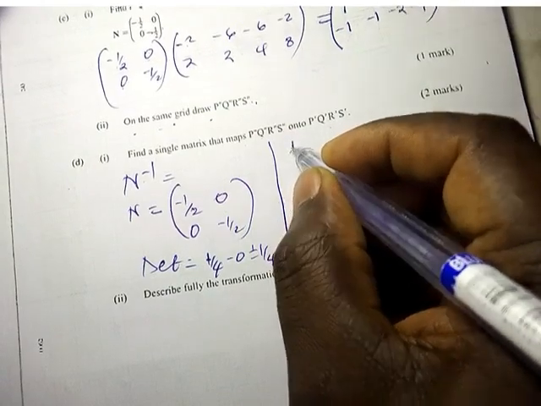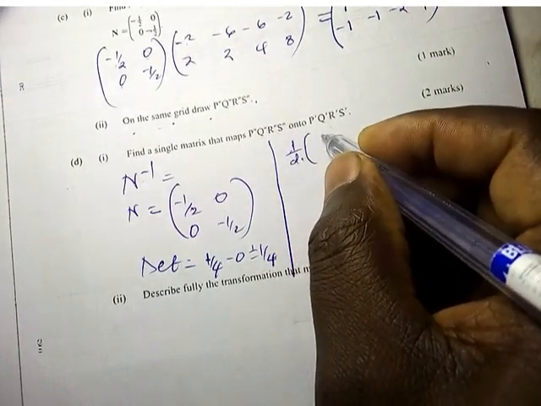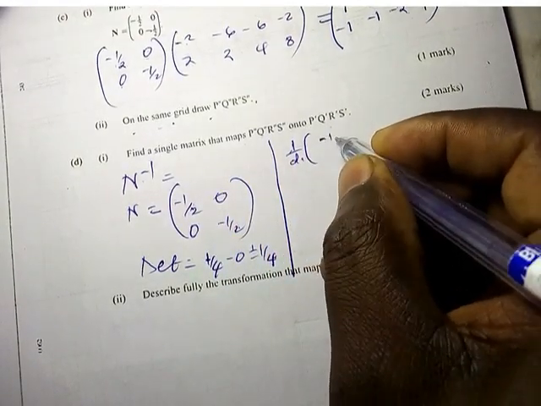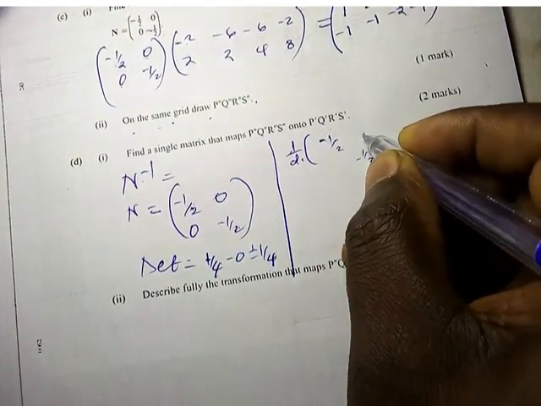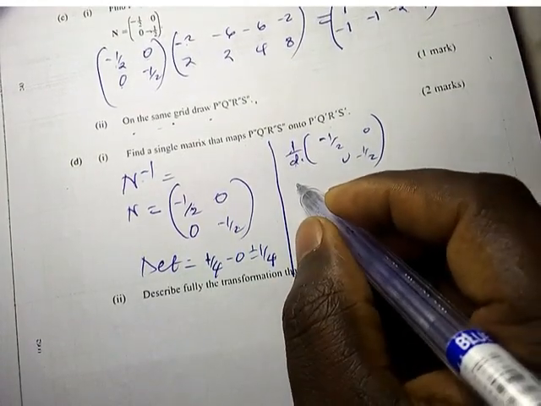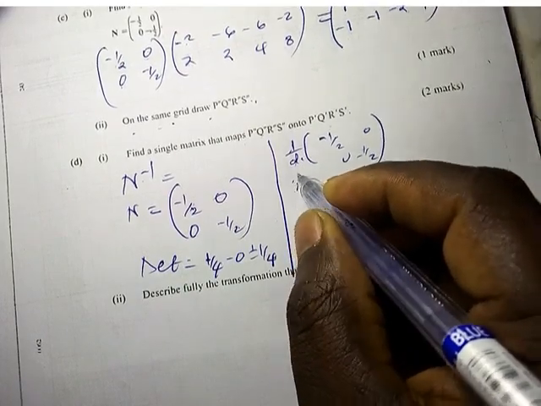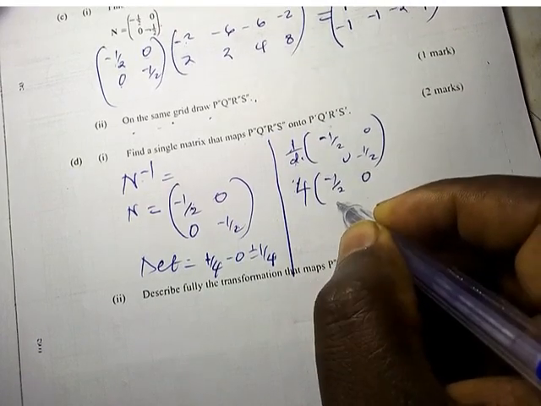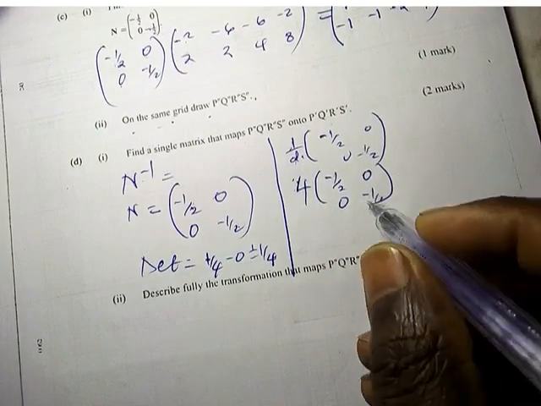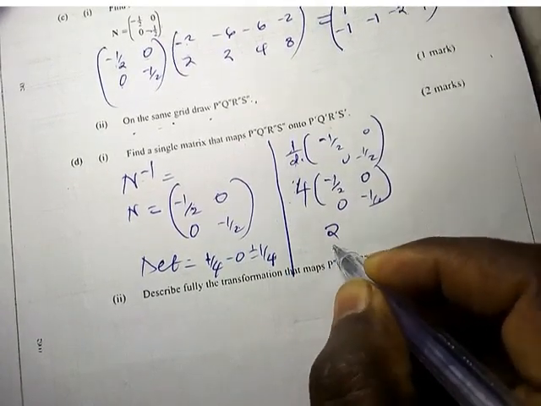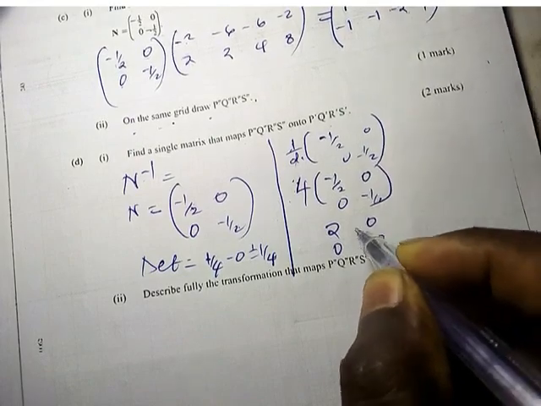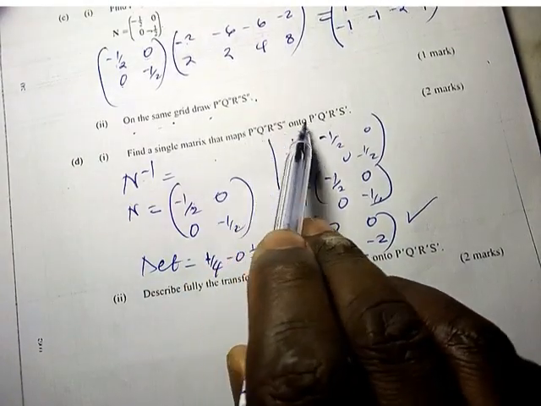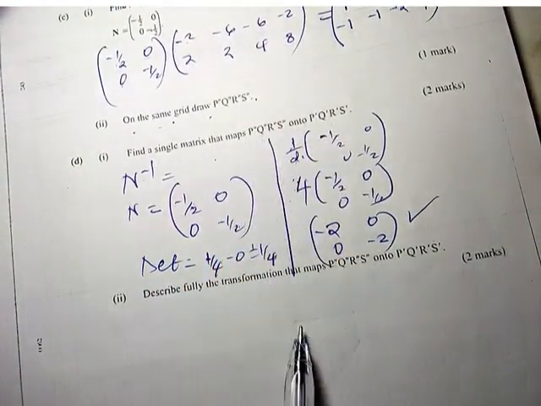So we are going to have 1 over the determinant into this one, which will remain negative a half, 0, 0, negative a half. So this one is going to be 4 into negative a half, 0, 0, negative a half, which is 2, 0, 0, negative 2. So this is the single matrix which will transform this to that.